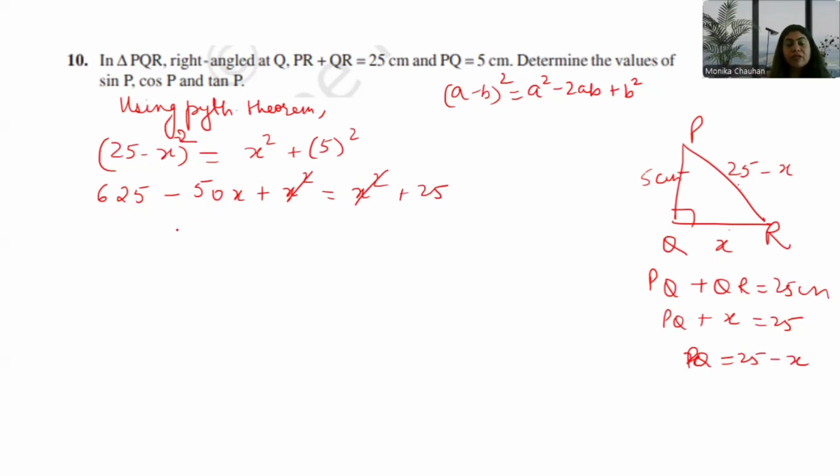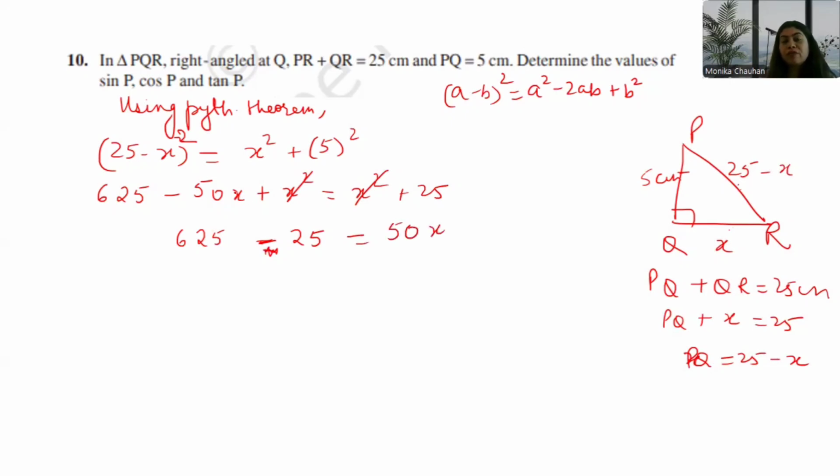So what you're left with, you can again just transpose the terms or combine the like terms together. 625 is 625, or you can say minus 25. Okay, cancel this. This becomes equal to 625 minus 25 is equal to 50x.